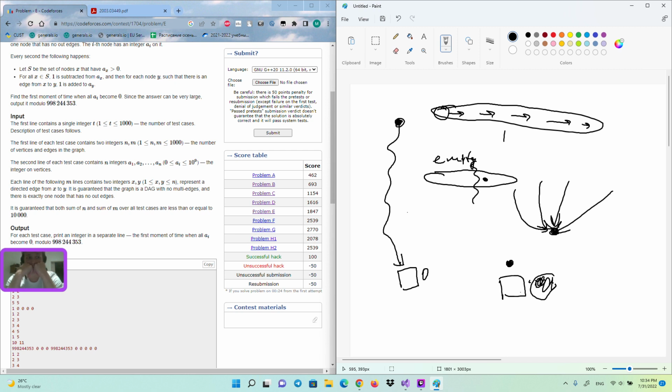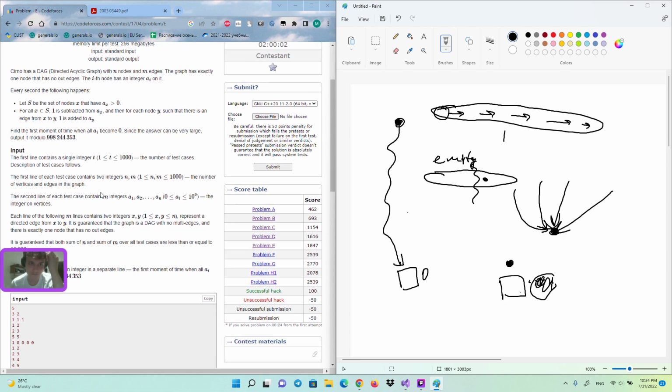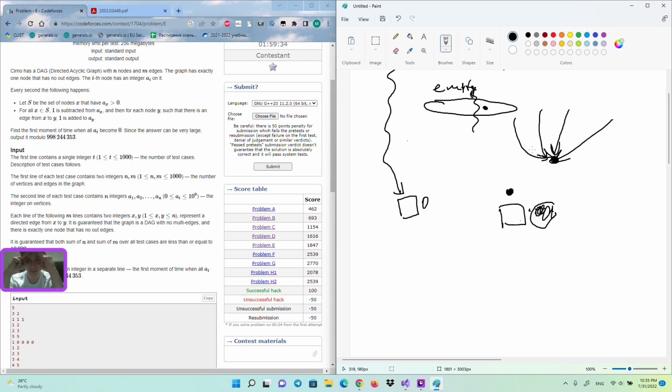It's guaranteed that both the sum of n and the sum of m are less than or equal to 10,000. So the lifetime of every vertex looks like this.